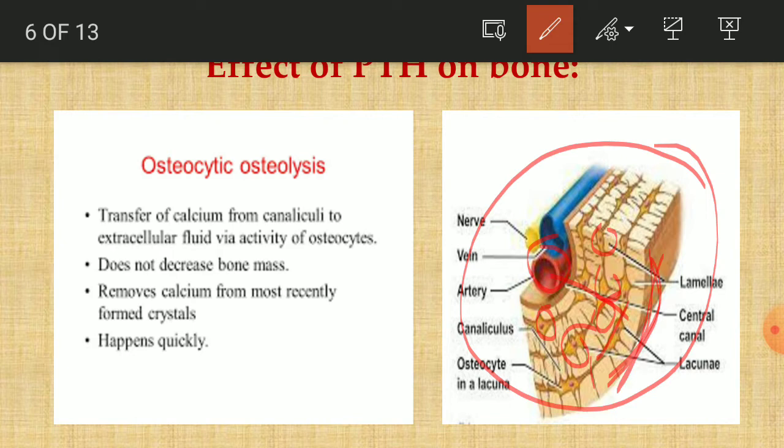Rather, the canalicular fluid acts as a source of calcium. In this process, the phosphate is not mobilized, only calcium. So in this segment, that is the rapid action of PTH, we have learned the process is called osteocytic osteolysis, and in this process bony mass is not reduced, phosphate is not mobilized, right?